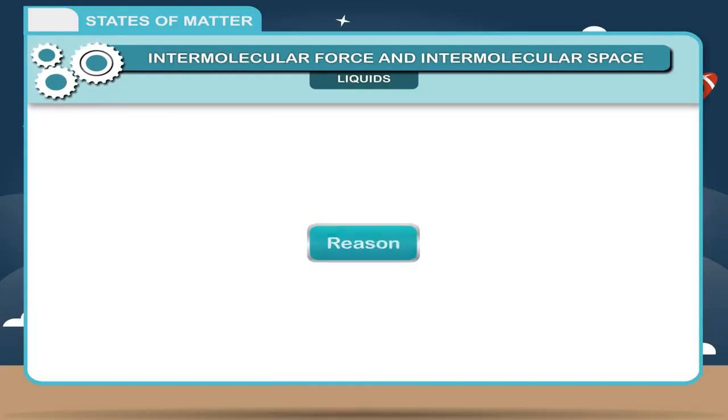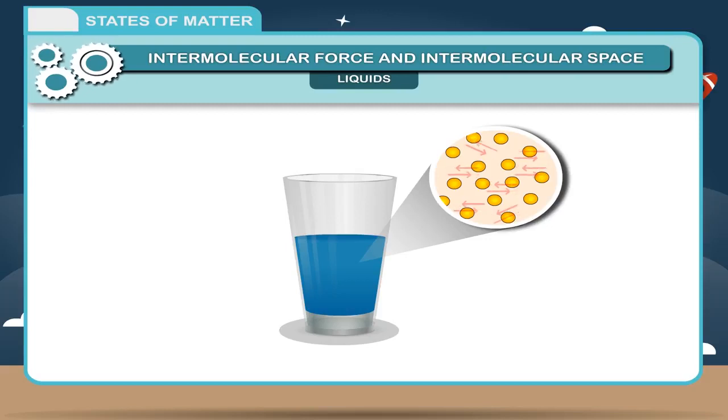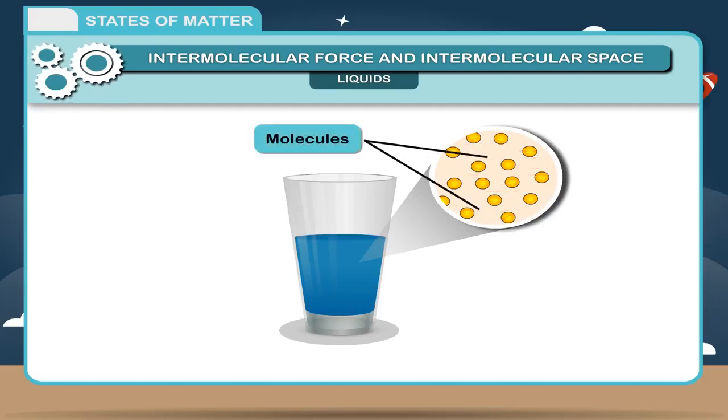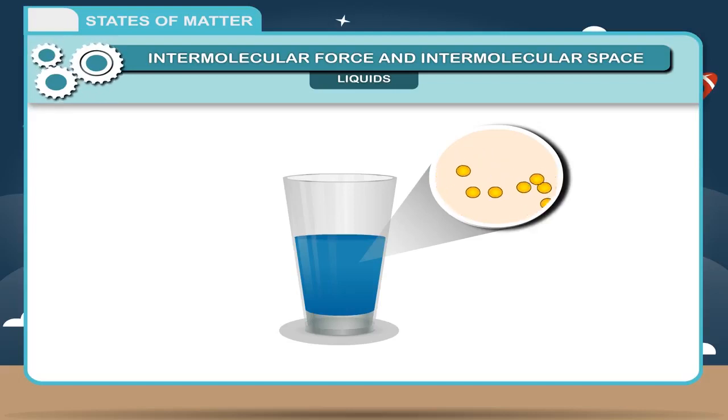Reason: since intermolecular force of attraction in a liquid is not as less as in the case of solids, the molecules remain at an approximate distance from each other. Like solids, their places are not fixed, but they cannot roam away from their places.